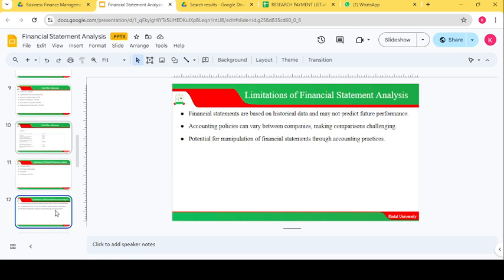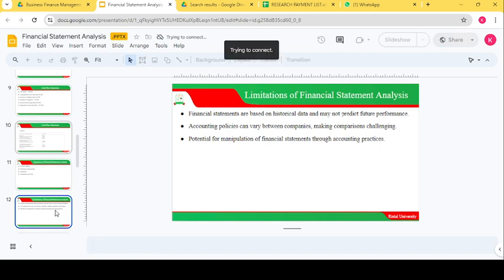So what are some of the limitations of financial analysis? One, financial analysis is based on historical data and may not predict future performance.